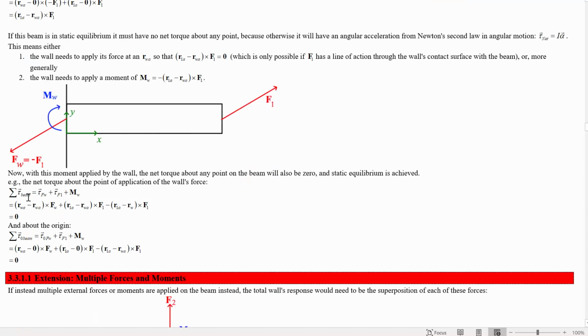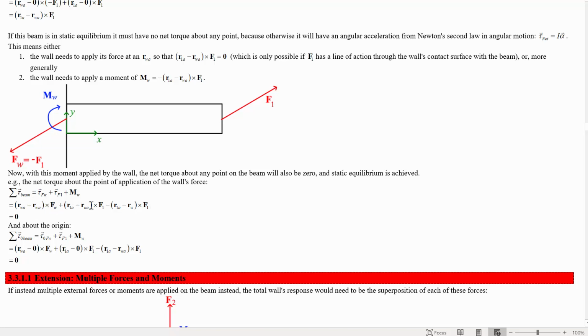You can check this by finding the torque about this point where the wall is applying its reaction force. The torque from the wall's force, which has no moment arm, crossed with the wall's force, is going to give us 0 because there's no moment arm.